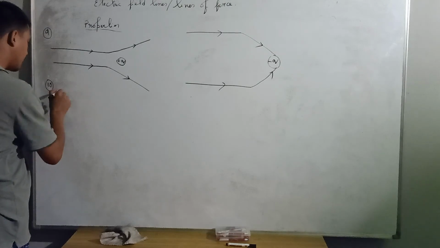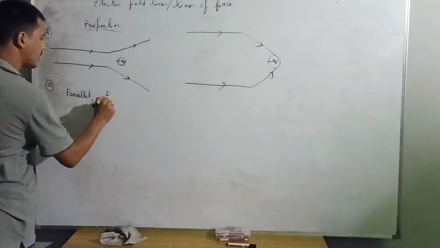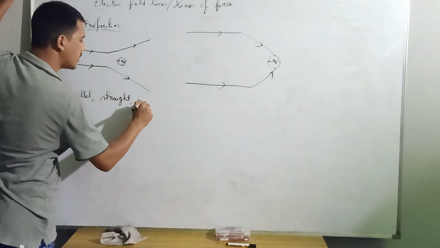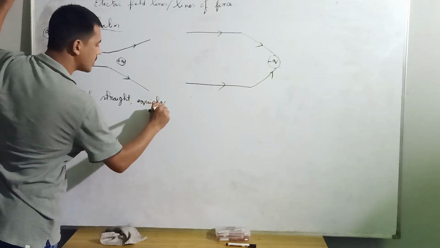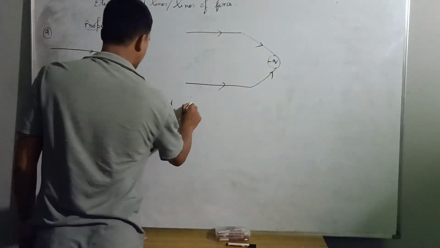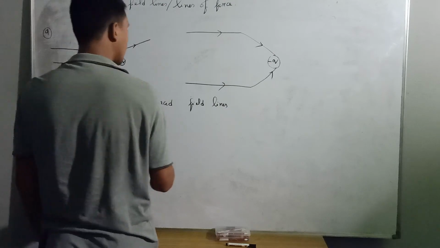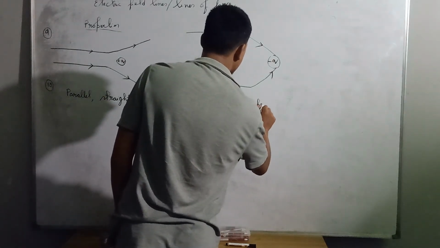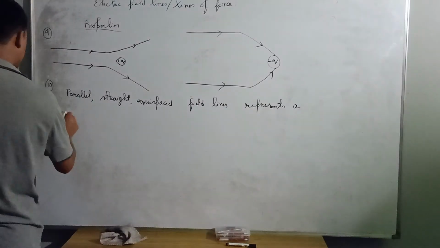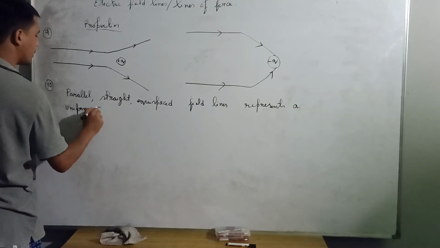So parallel, straight, equispaced, which means equally spaced, field lines represent a uniform electric field.